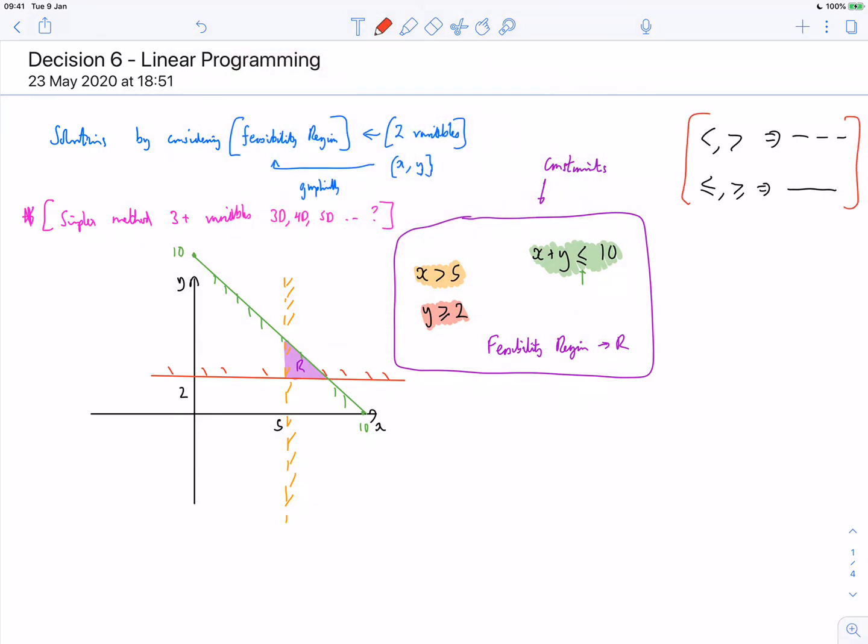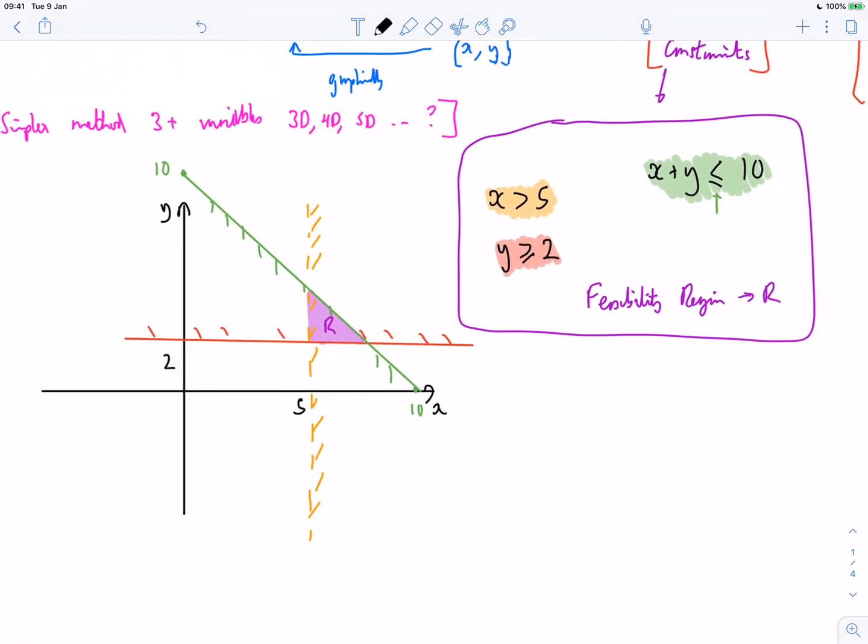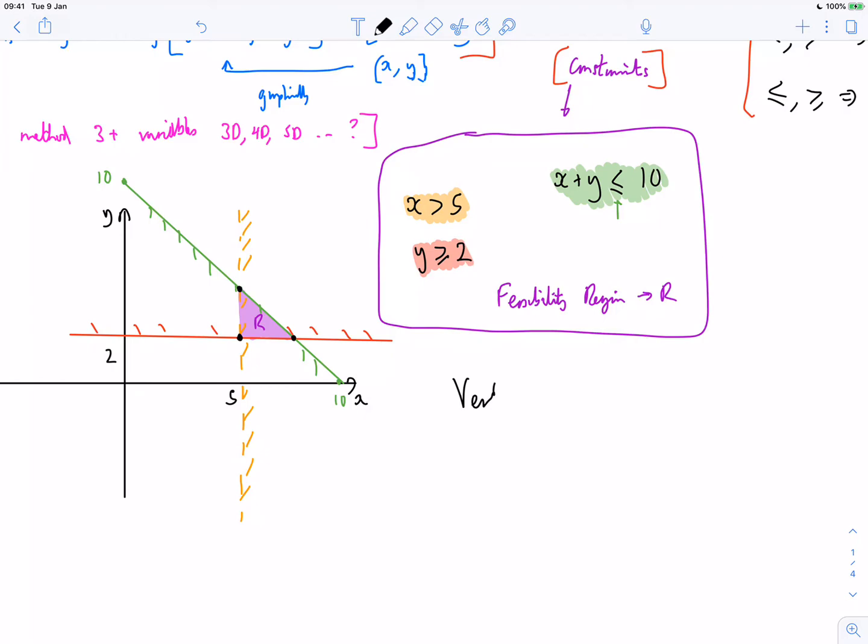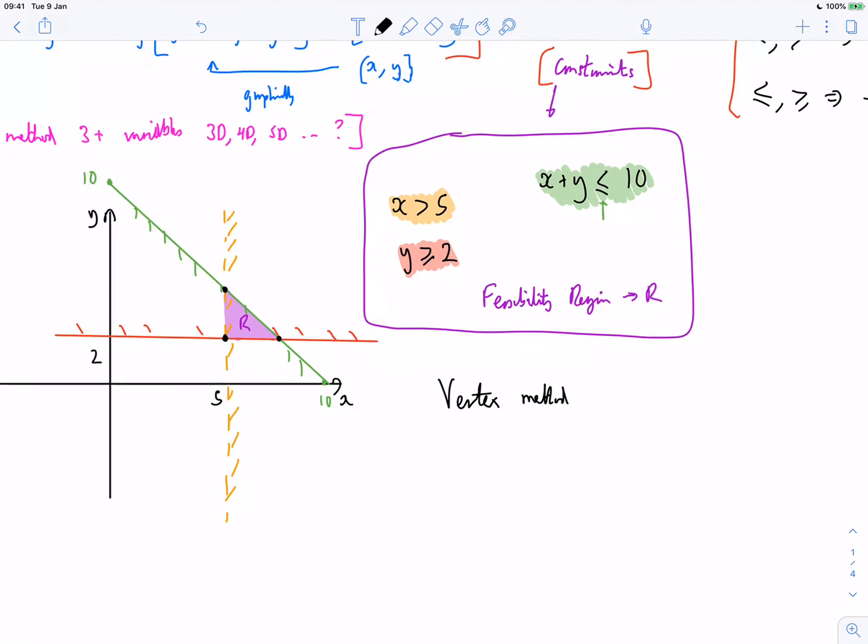Okay, takeaway. These are the constraints, and we're going to be solving by considering a two-variable problem of the feasibility region. Now, here's the magic. First of all, we're going to be interested in these vertices, because we're essentially going to be solving this using the vertex method. And the vertex method is the following.